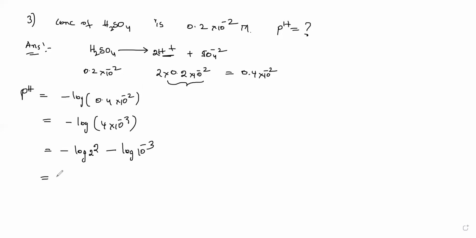That's why we get 3 minus 2 log 2. The log 2 value is 0.3010. That's why 3 minus 0.6. So approximately we get 2.4 as the pH of the given solution.